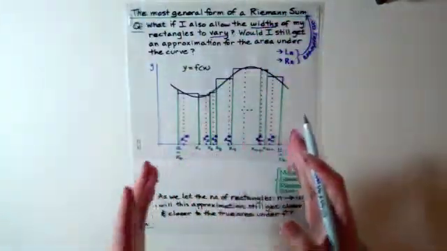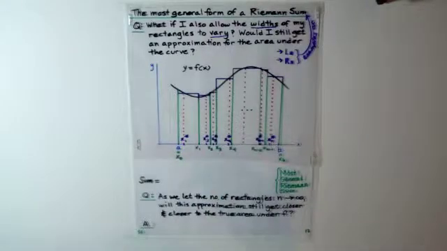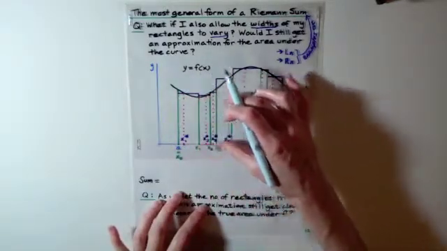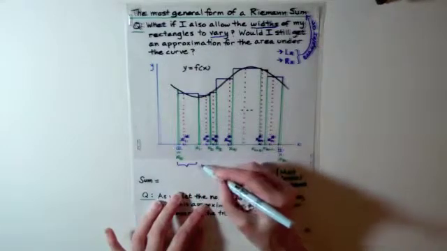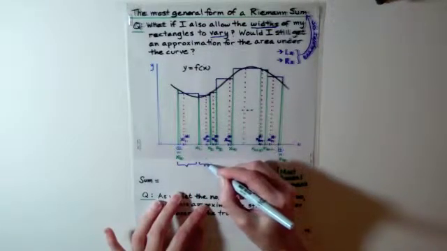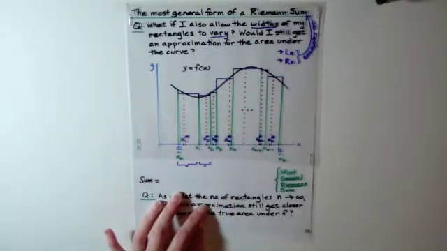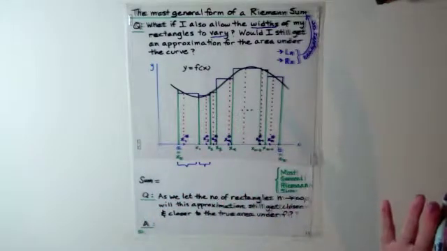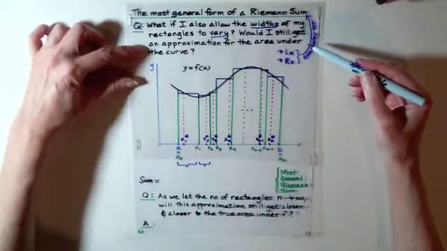Remember, we said that we divide this up into n equally spaced strips, but now what we're going to do is say, well, do the strips really have to all have the same width? In other words, when I create these rectangles, does the distance from, say, x0 to x1 really have to be the same as the width of the next rectangle from x1 to x2? So what we're going to do now is loosen our conditions a little bit more and see if we still get an approximation for the area under the curve.